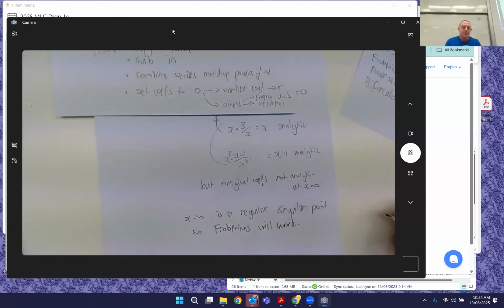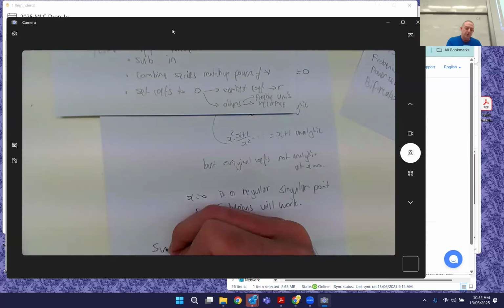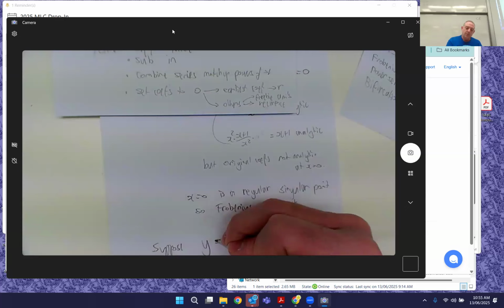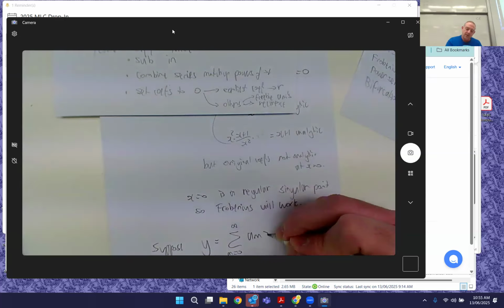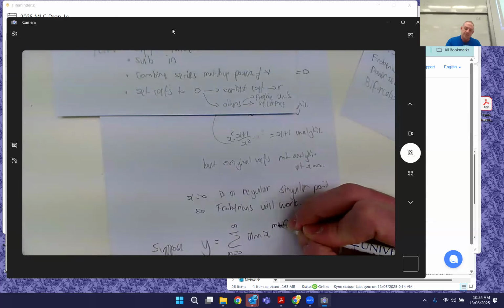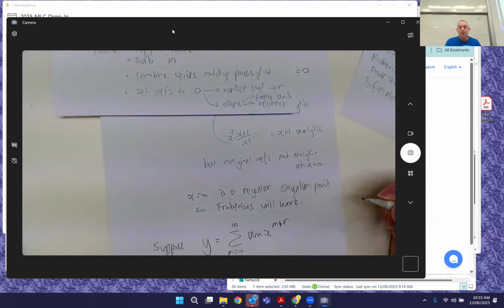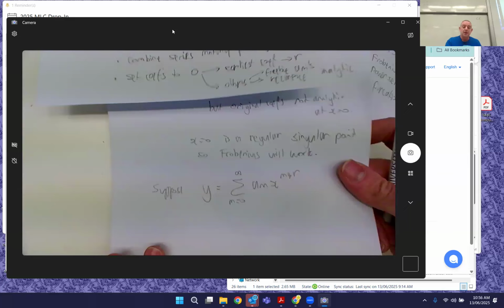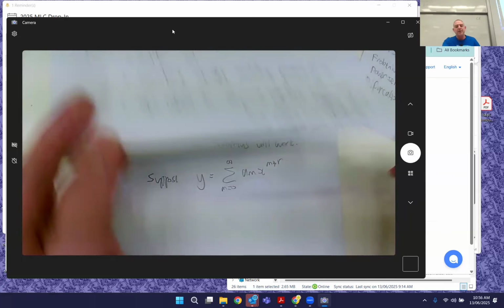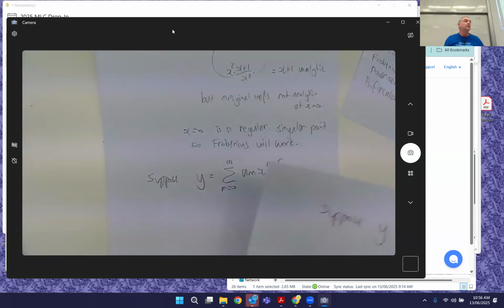Okay. So I am going to suppose that y is the sum from m equals 0 to infinity of a_m x to the m plus r, for some r which may or may not be a whole number. So you're always supposed to do that checking bit before you do it.